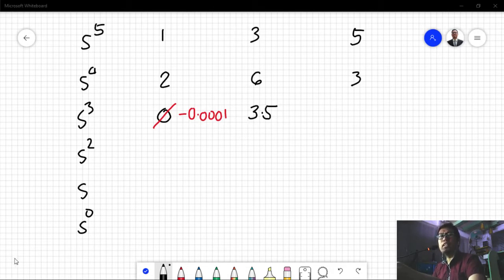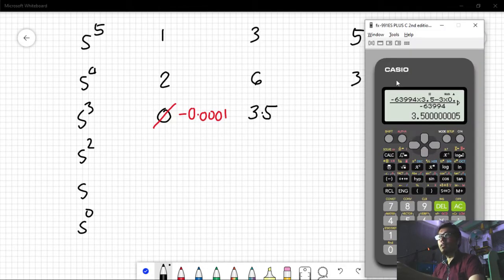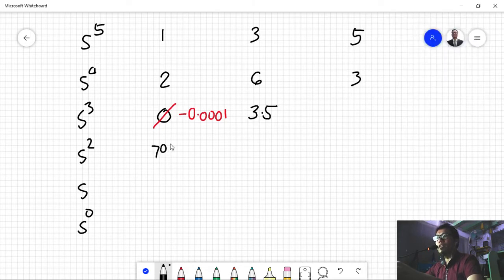So ngayon, pag kinompute natin ito, that should become negative 0.0001 times 6 minus 2 times 3.5 divided by negative 0.0001. That should give us 70,006. So dapat ito maging 70,006. Okay, and this one is still 3, kasi mabibring down natin siya dito.